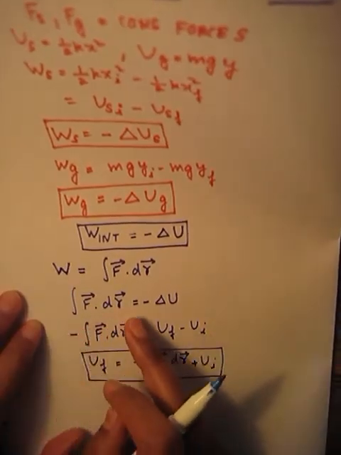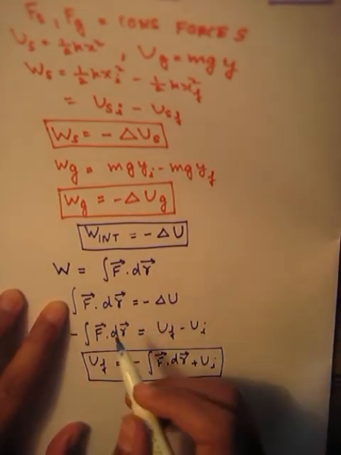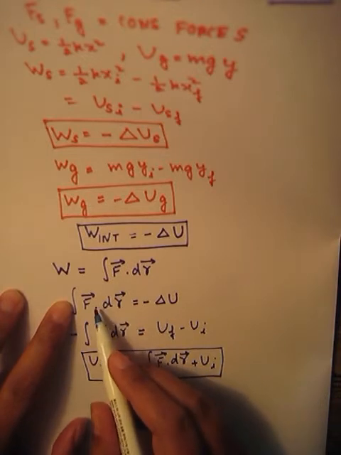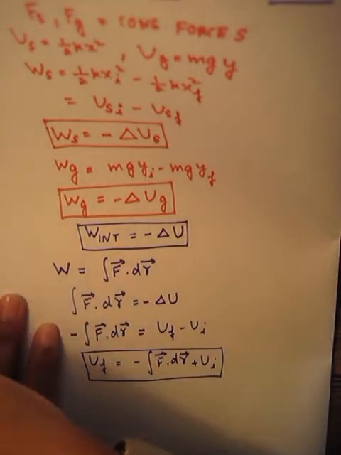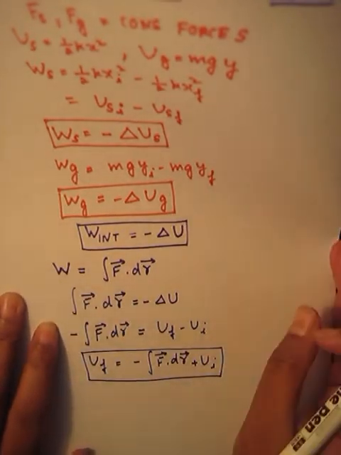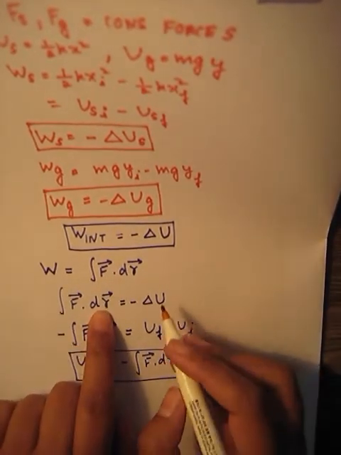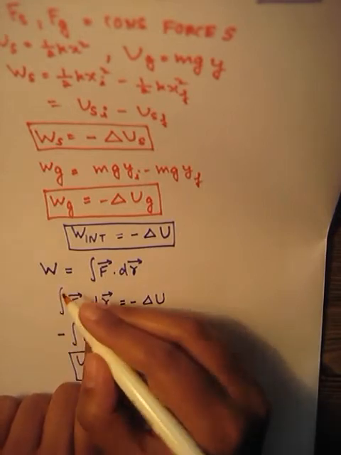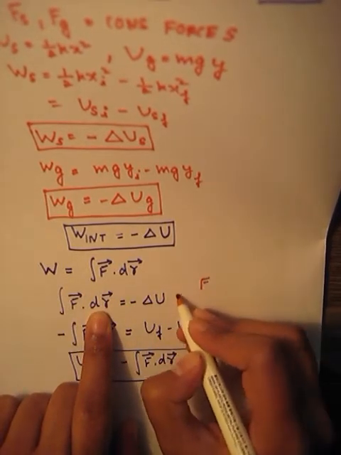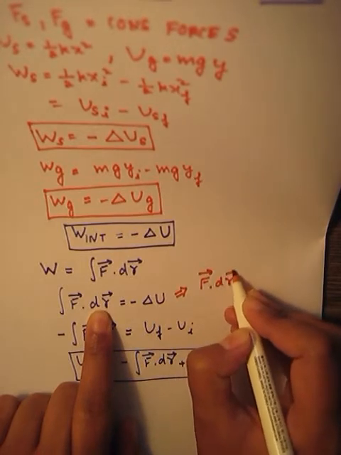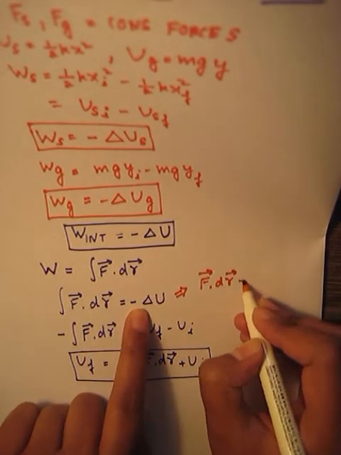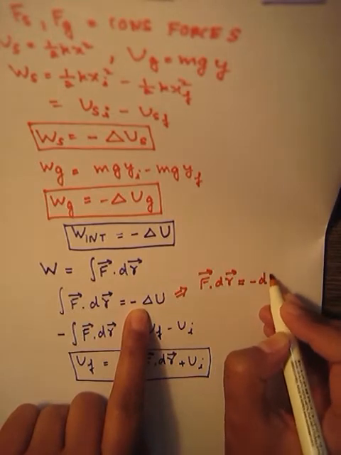Now let us take this equation again, where the integral of F vector dot dr vector is equal to minus delta U. Now instead of this, if we remove this integral, we can also write F vector dot dr vector is equal to minus dU.